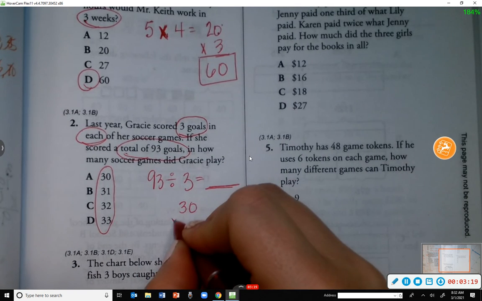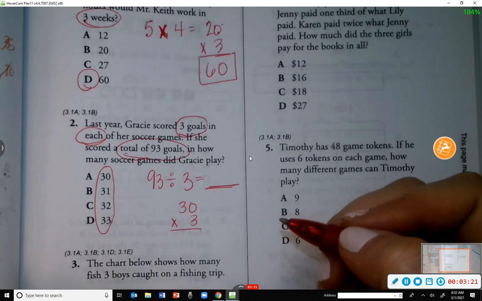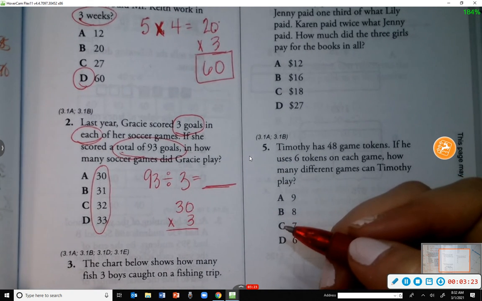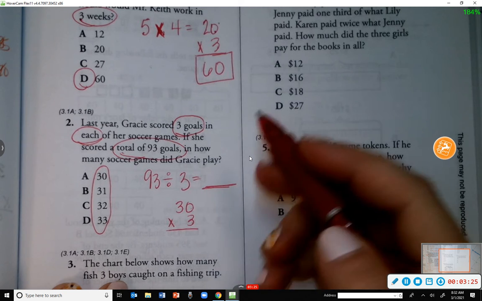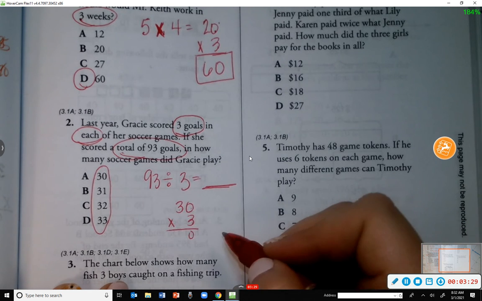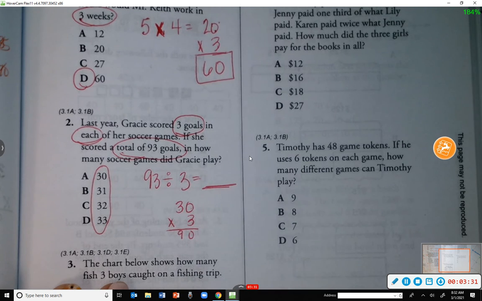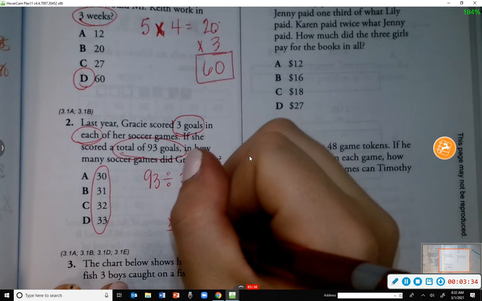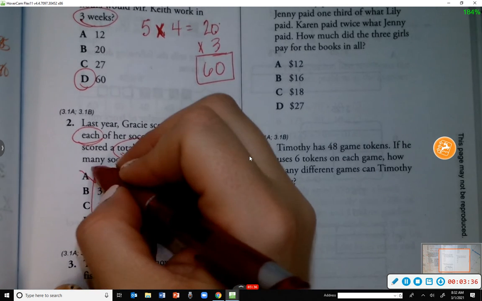That's going to save me from having to do a lot of groups and a lot of skip counting where I might mess up. Okay, 3 times 0 is 0. 3 times 3 is 9. Is that what we want?